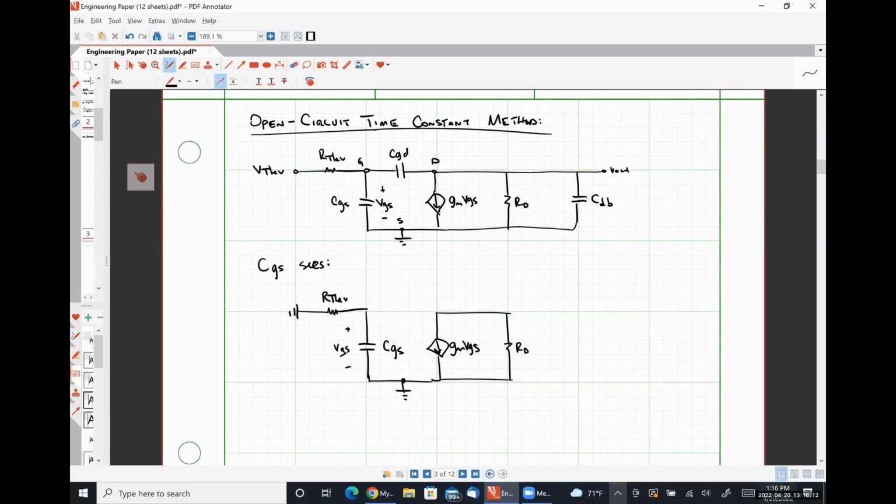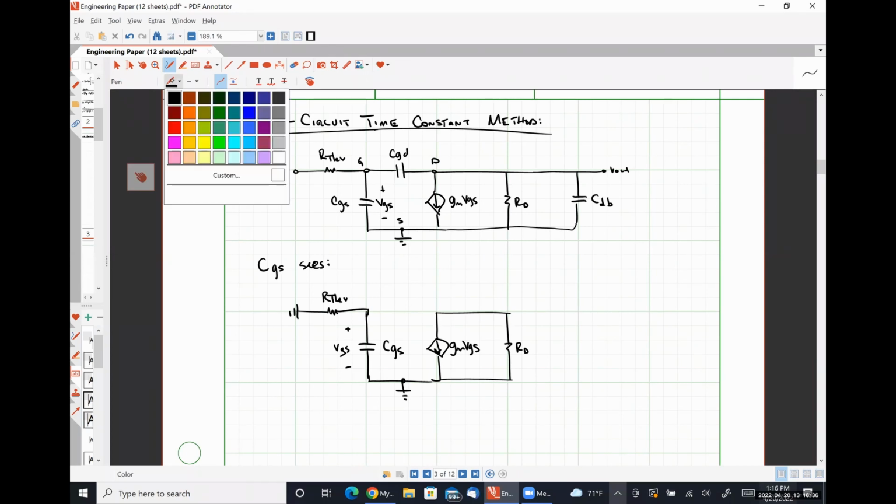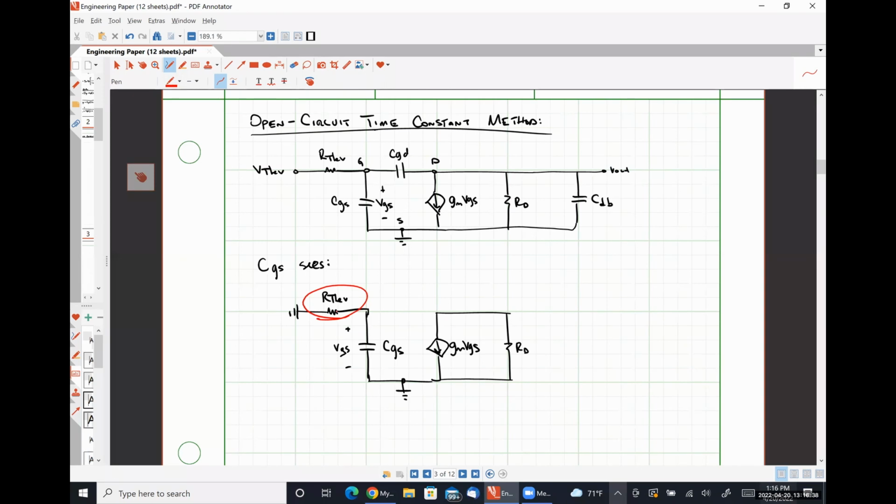And recall that we need to short circuit our input. So what is the resistance seen by capacitor CGS? Just our Thev. So it's literally just this guy right here.